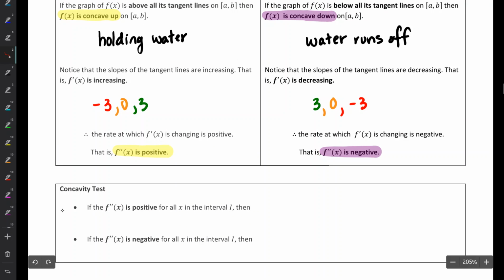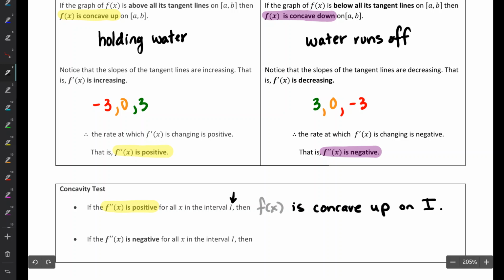All it says is that if the second derivative is positive for all x on some interval of the domain, then the function is concave up over that interval.